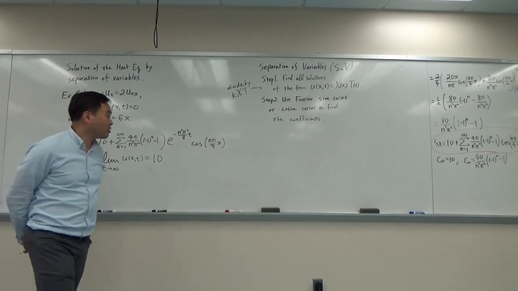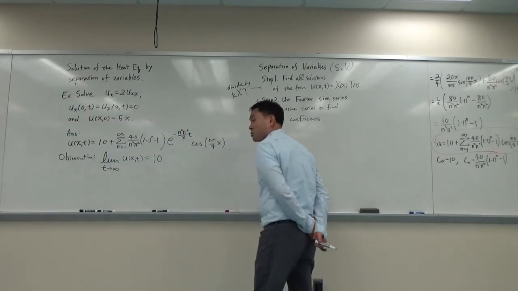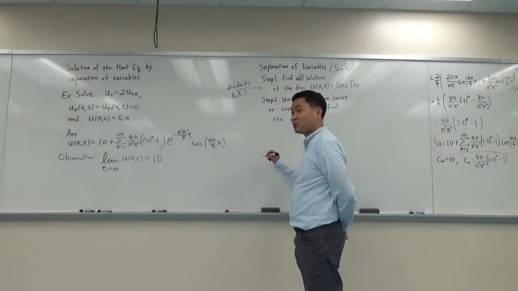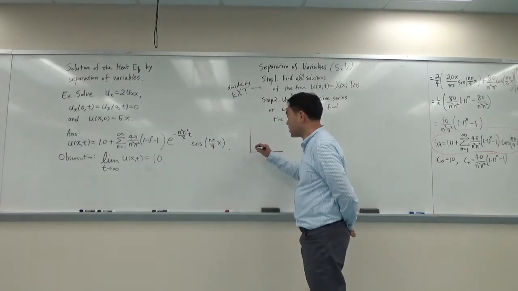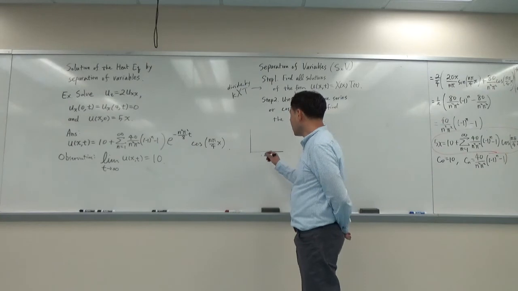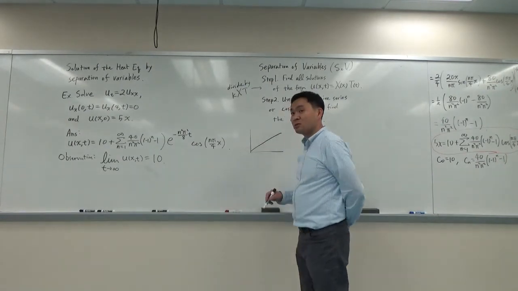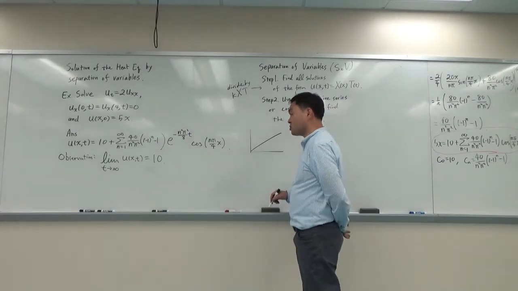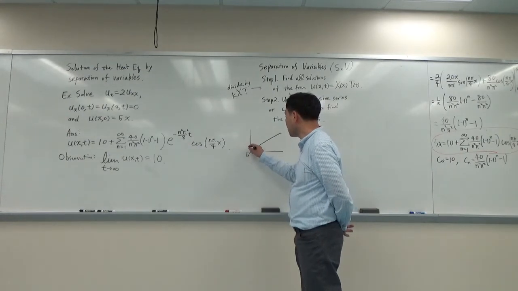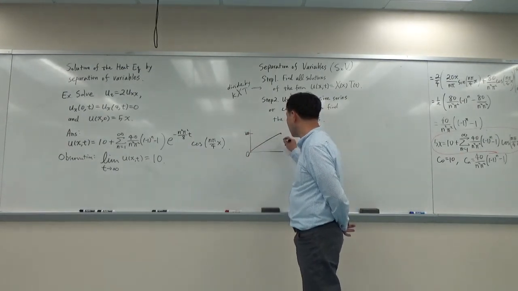Now, does that agree with our intuition about what the heat distribution should be doing? As I explained, it's an original distribution of heat that looks like 0 here and 20 here, right? 20 degrees and 4.